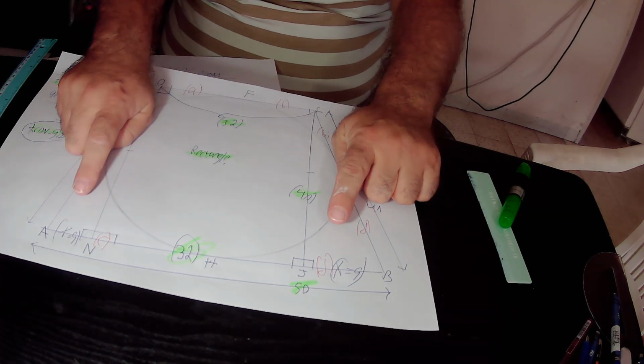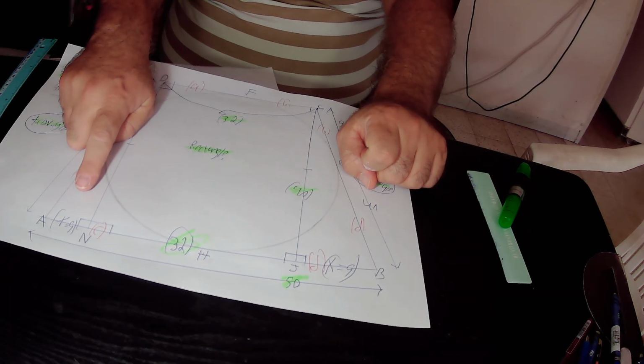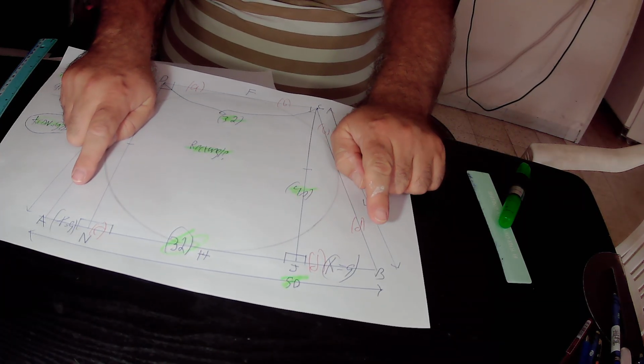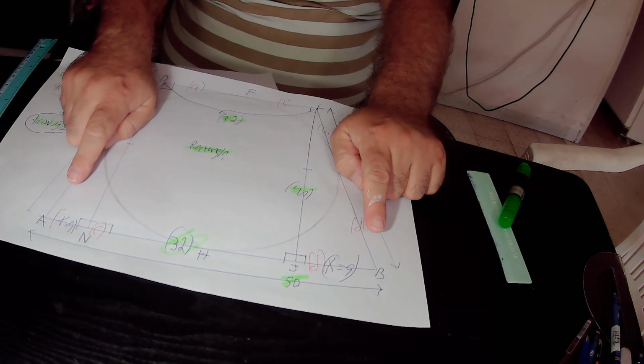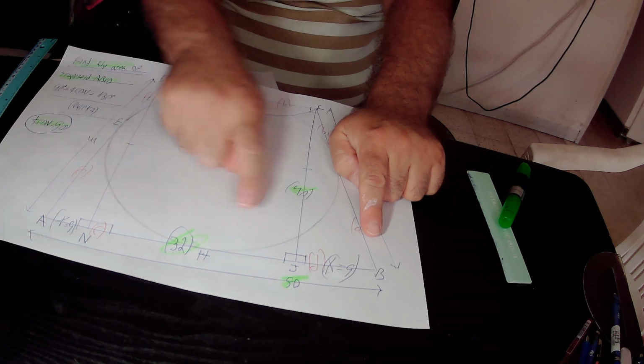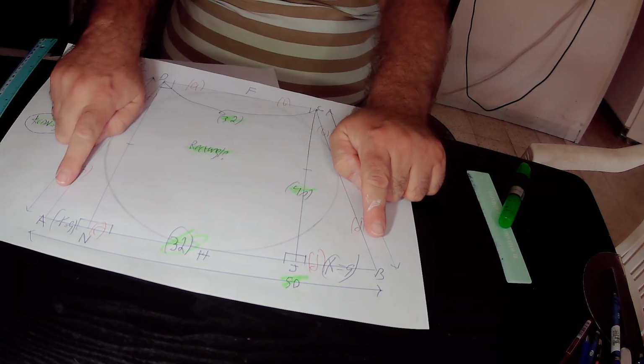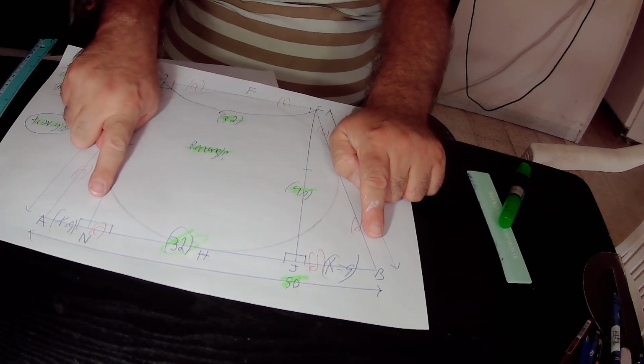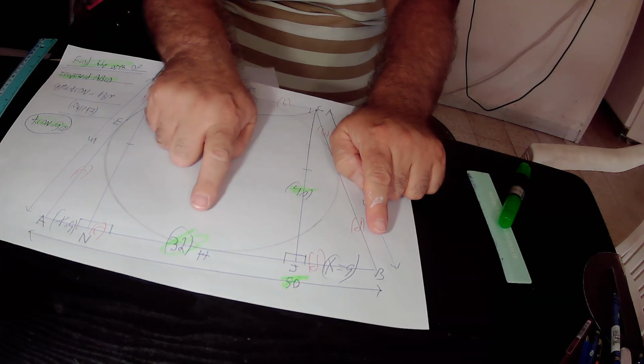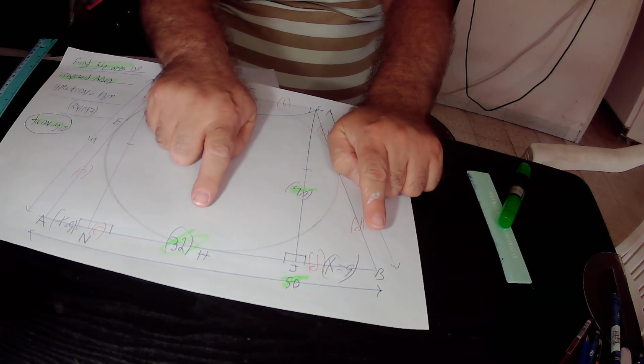If AN equals JB, it means that if AN is x, then JB must also equal x. AB in total is 50 from one side, but from the other side, AB also equals AN, that is x, plus NJ, that is 32, plus JB, that is x.